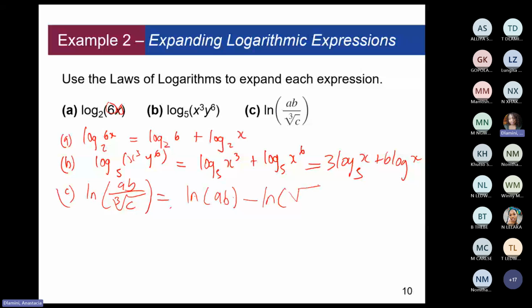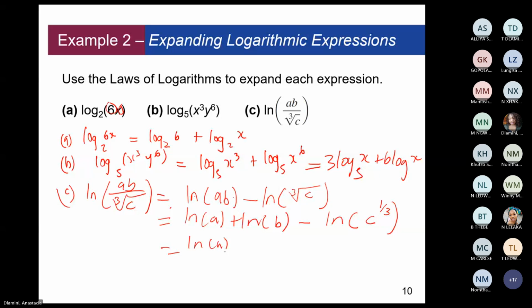No. Cube root C, and then you expand: you say ln A plus ln B, minus ln cube root C. Are we then done? You're not done. Then equals to 1/3 ln C. Well done.